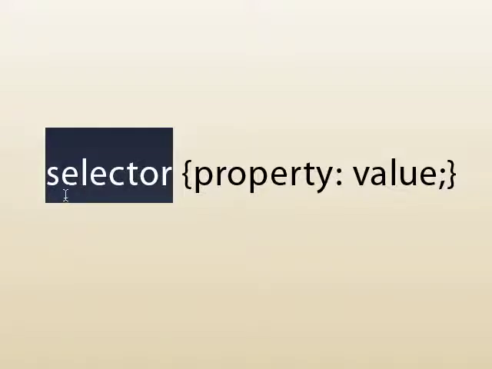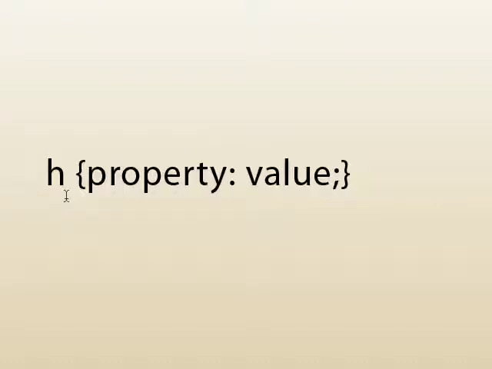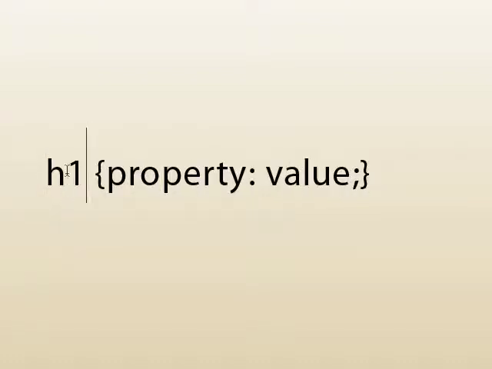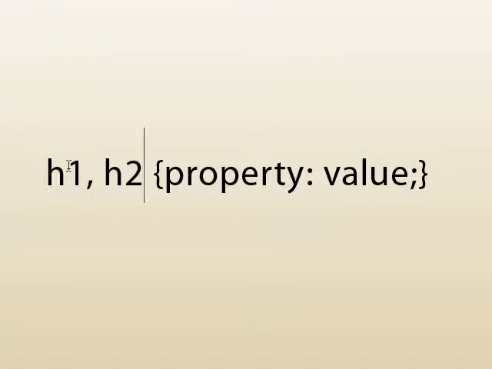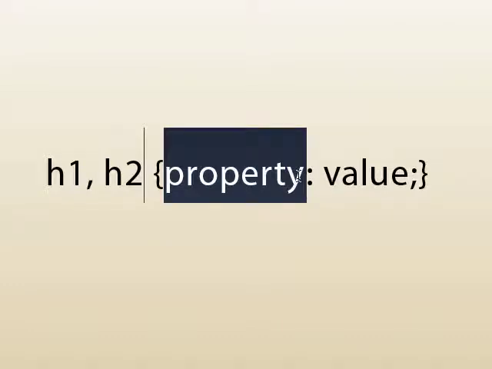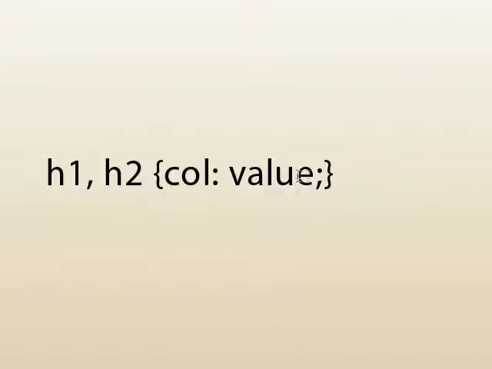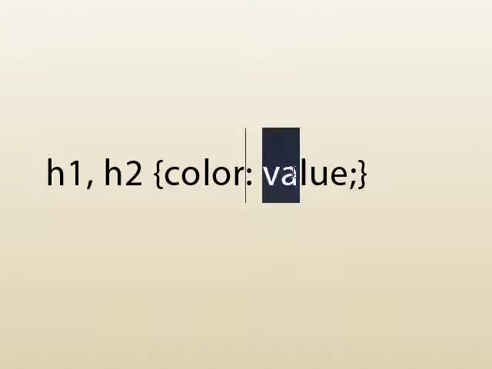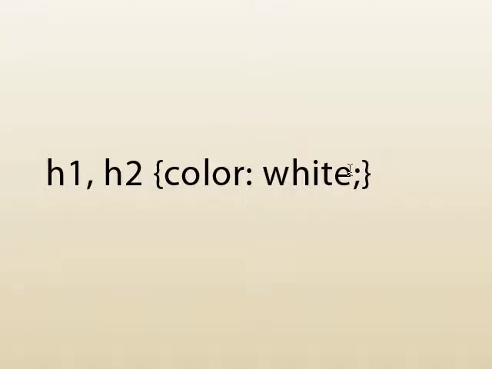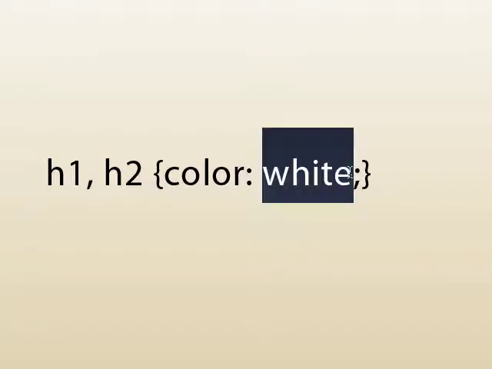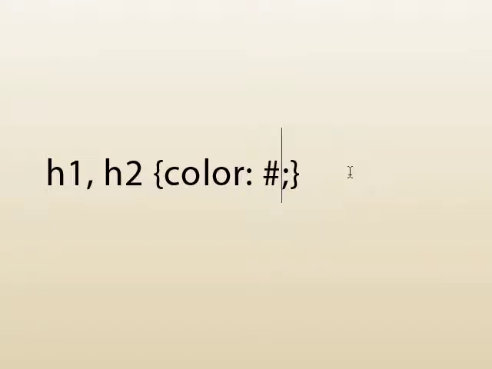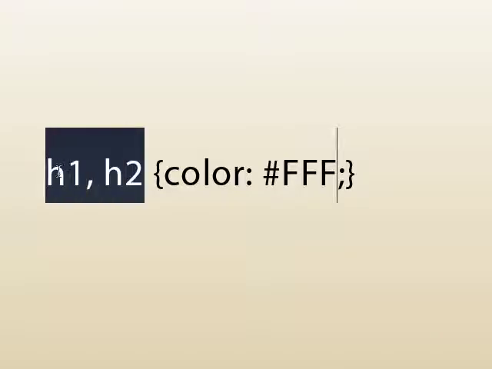So if in my HTML document I have headings, like an H1 and maybe an H2, I could say I want all of my H1s and H2s to have the color property of white. So these are called HTML selectors.